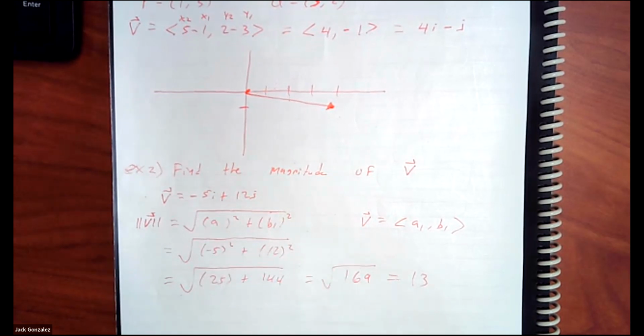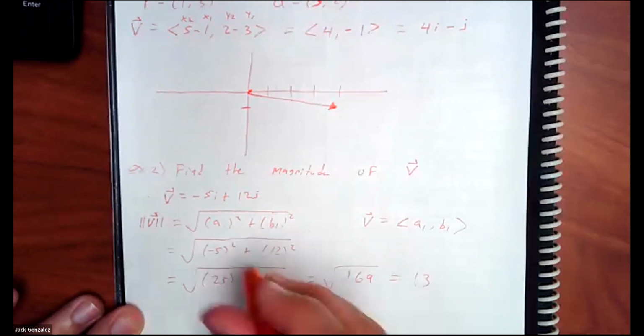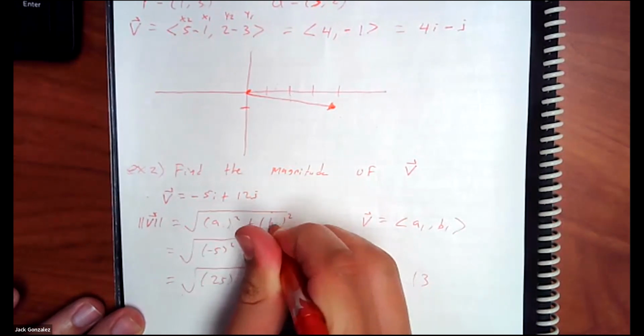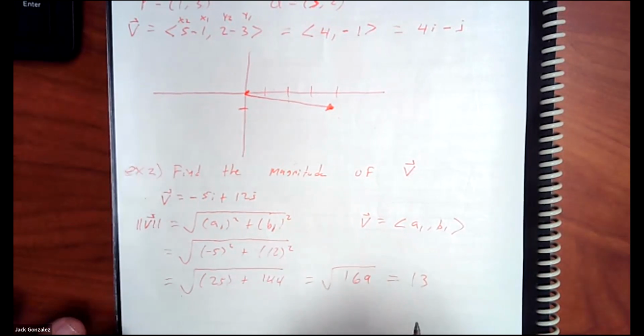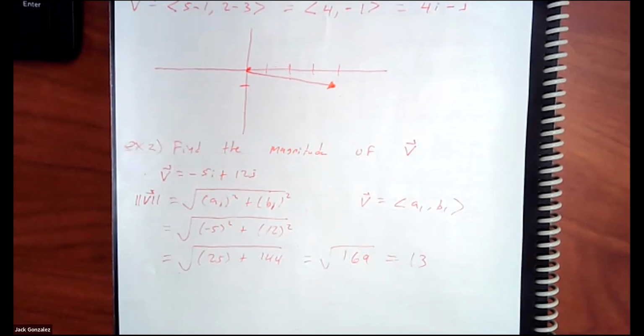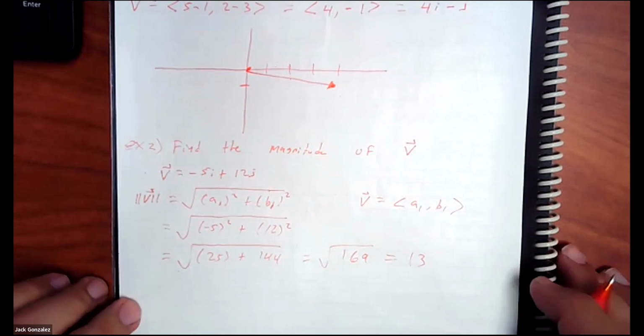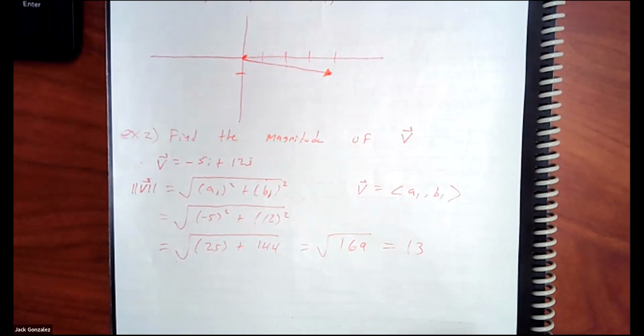There's something on my eraser. Whatever. Leave it as AB if you want. Any other questions on example 2?